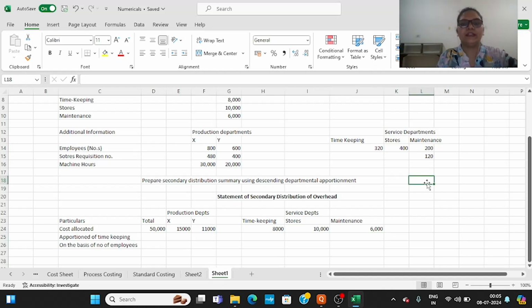So let me make it easy for you how we will calculate timekeeping in X department.